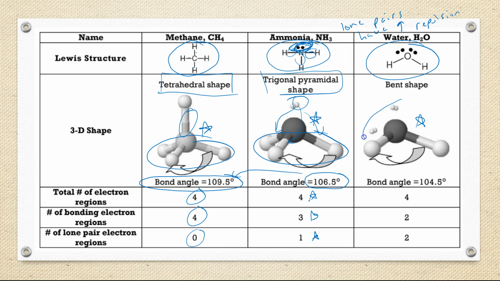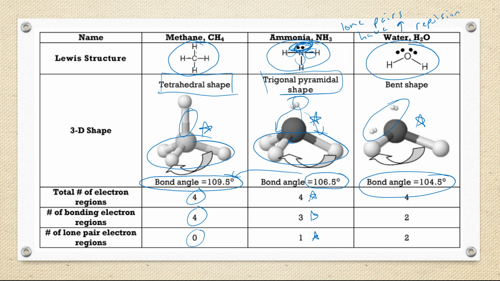So you should be able to notice here, when I have 2 lone pairs, my bond angle goes down to about 104.5, about 5 degrees less than if those were bonding pairs in those locations. So the more lone pairs you have, the smaller your bond angle is going to be. That's because of valence shell electron pair repulsion.